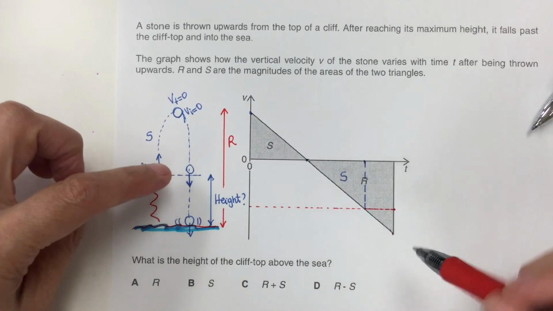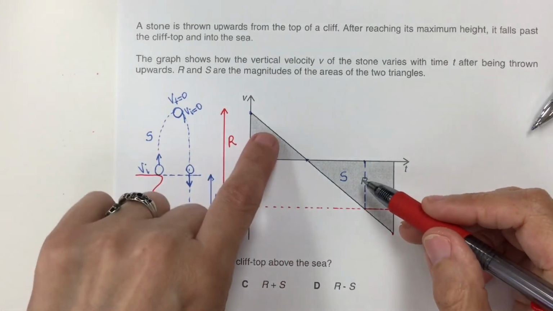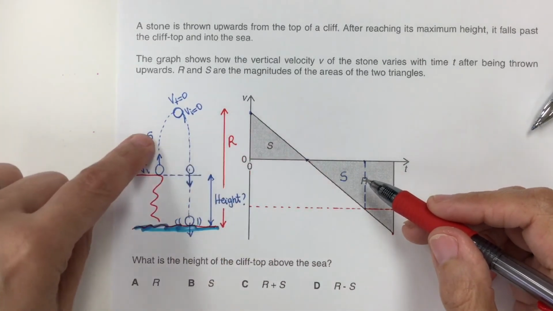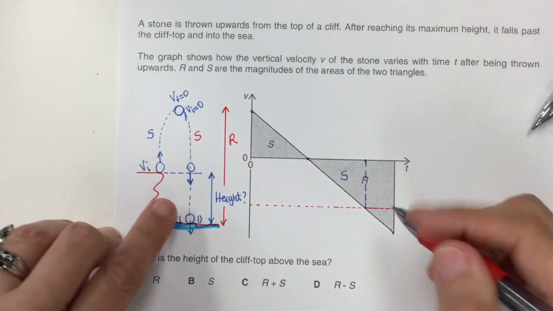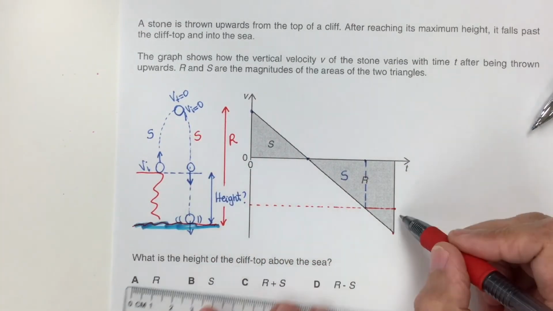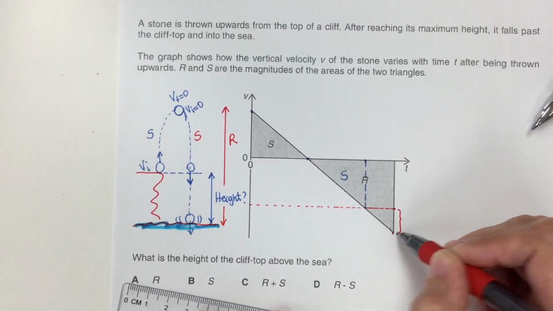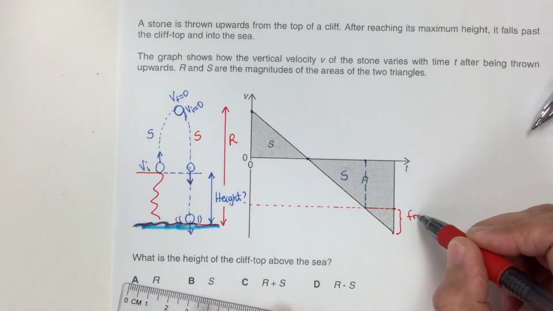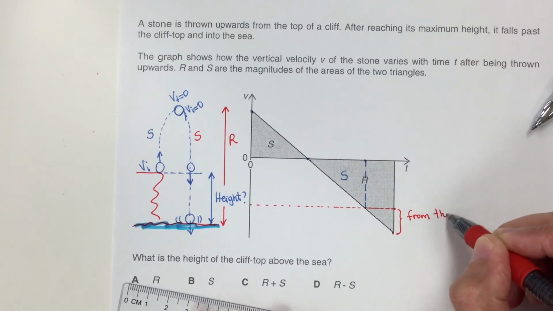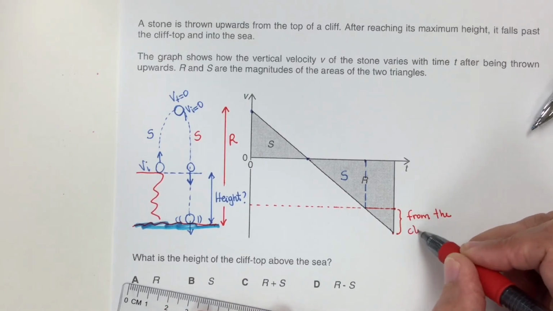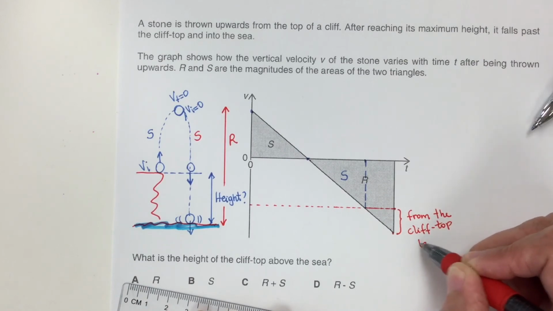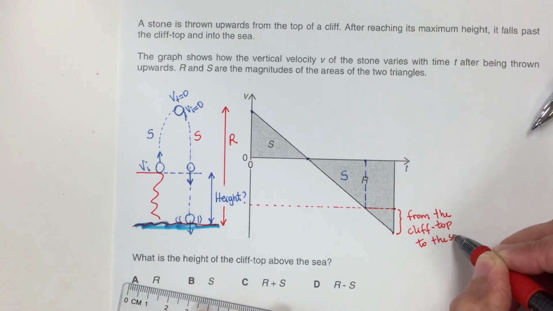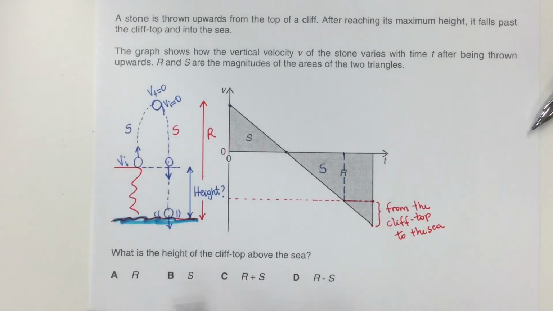Now, because we have the same values here, S and S, this part right here is from the cliff top to the sea. So let me look at the options.